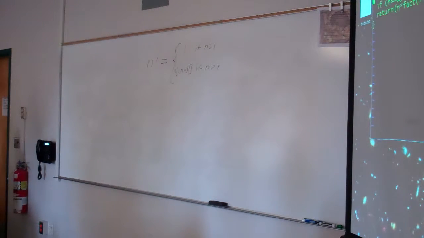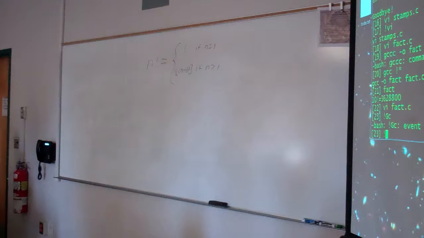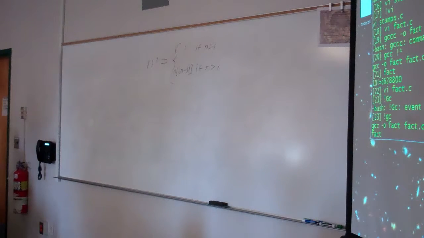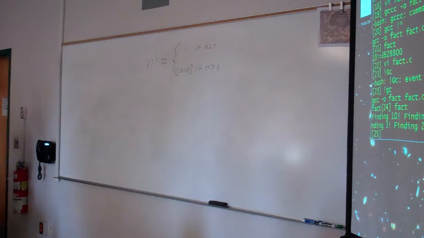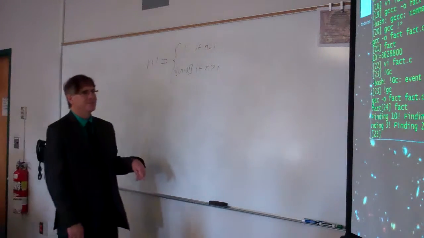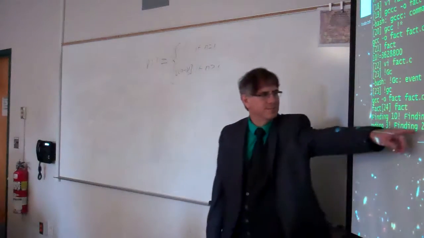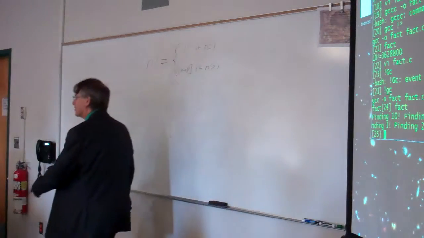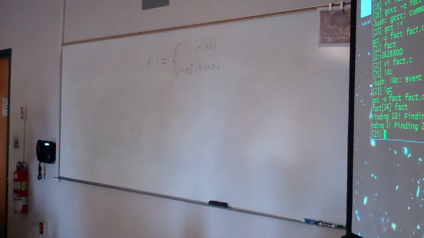And this isn't too bad. We can print out a message showing what it's trying to find each time. And again, it's trying to find 10 factorial. It's trying to find 9, 8, and so on, and eventually it tries to find 1 factorial, and it finds it, and then it pops back up through the recursive calls.